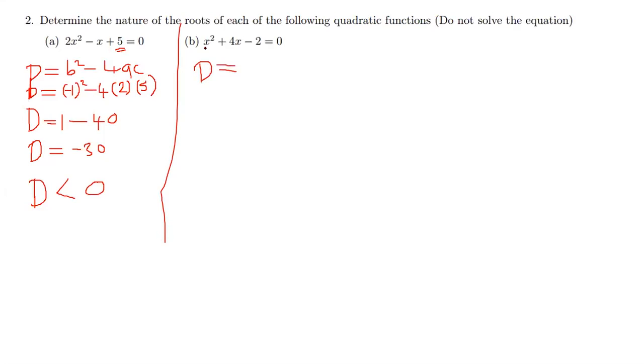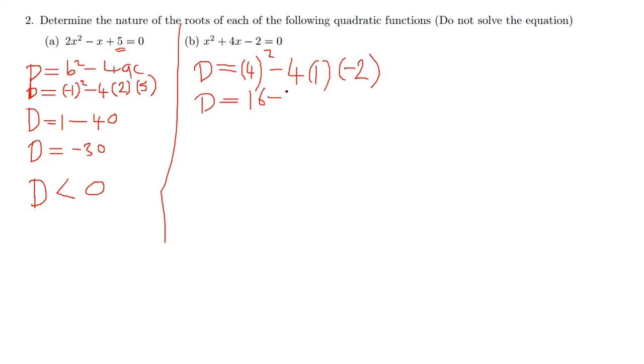Yeah, so D is equal to B squared. On B, we have 4. So it's 4 squared minus 4, and then my A is 1, and then my C is -2. So D is equal to 16 minus 4 times 1 times -2.